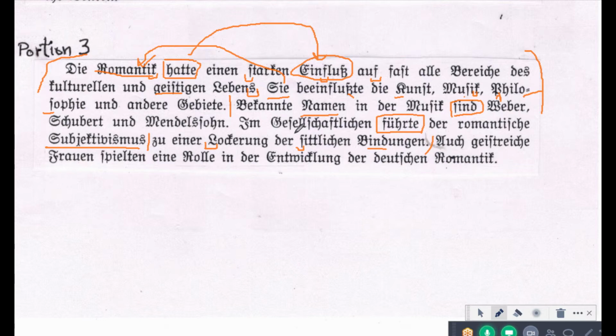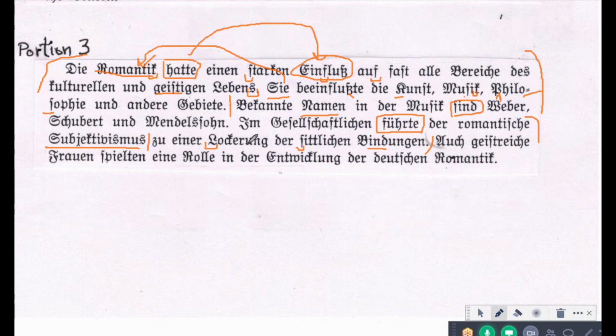Gesellschaft means the society. So in social matters or in societal matters. Bindungen are ties. You want to do that sentence slowly so we can follow you? Sure. In societal matters, romantic subjectivity led to a loosening of moral or ethical bonds or ties, I suppose.